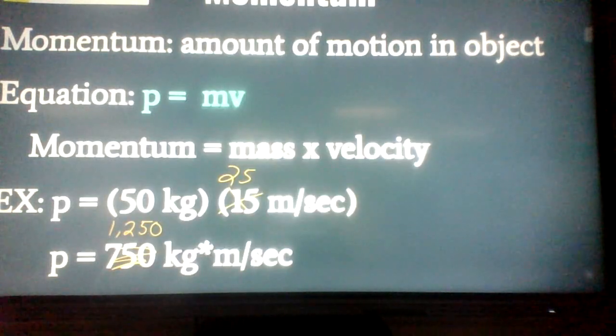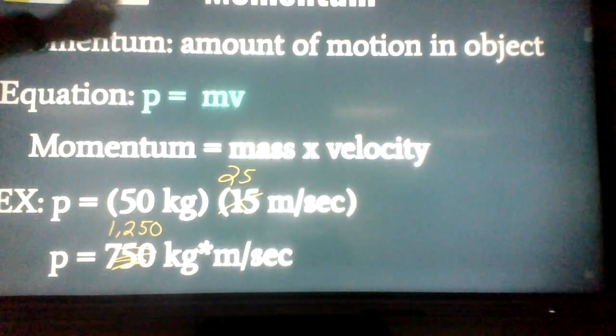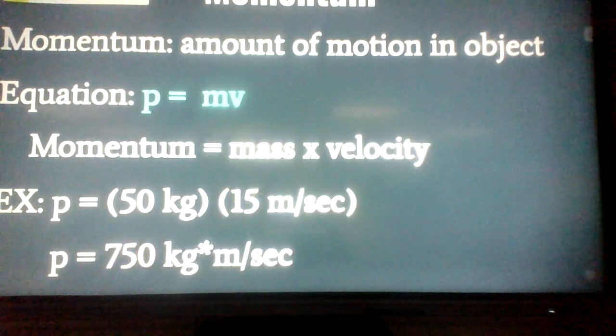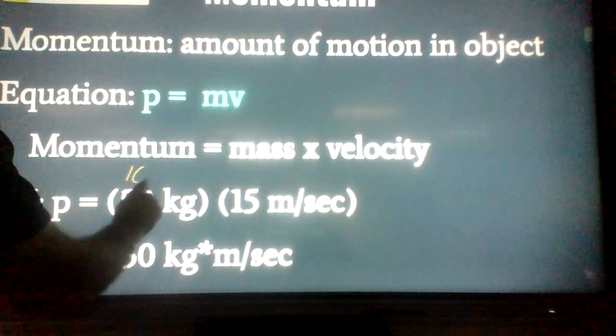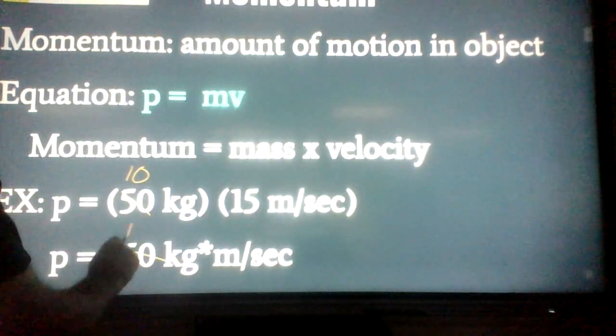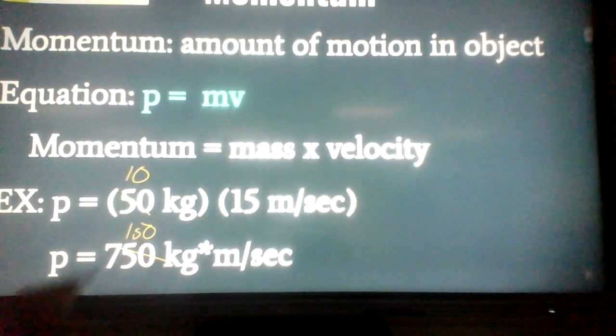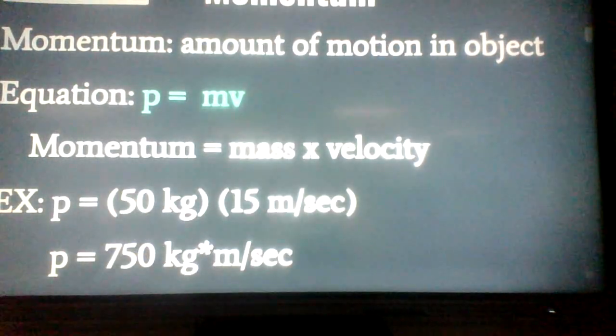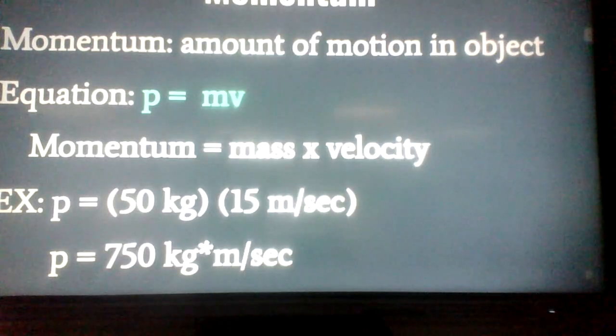Well, that's because that object has more momentum. And that would work if I were to lower the numbers too. Again, common sense. Lower times 15, that's 150. So lower mass, lower momentum, or lower speed, lower momentum. So as I'll say many times, math verifies the common sense. Momentum is mass times velocity.